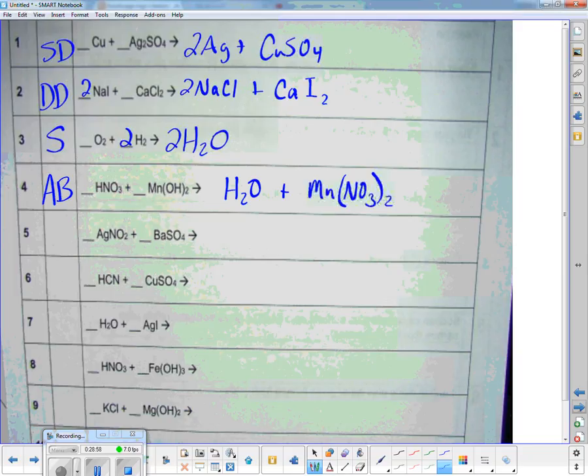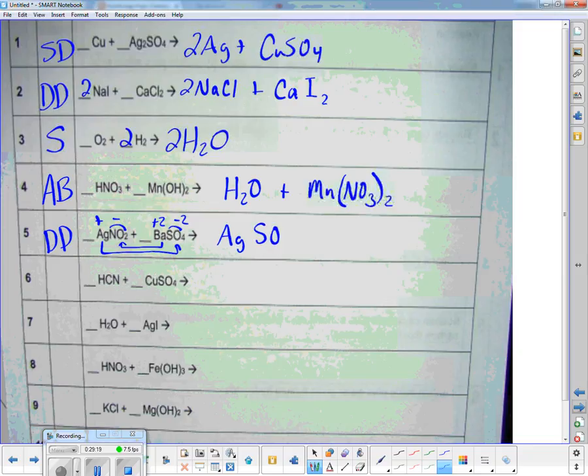Okay, so here's another double displacement because we have 2 compounds. I'm going to go through again and identify the charges. And I'm going to go outsides together and then insides together. Okay, Ag is going to go with SO4.